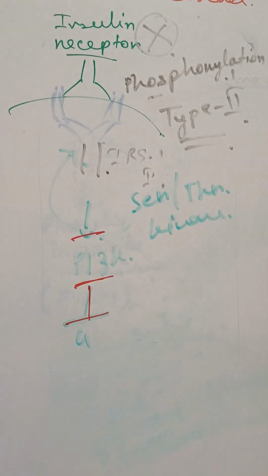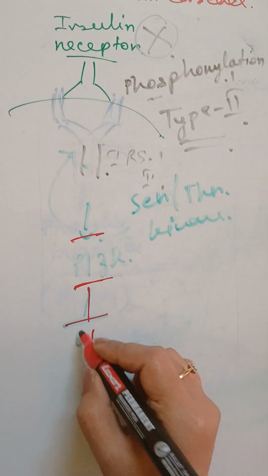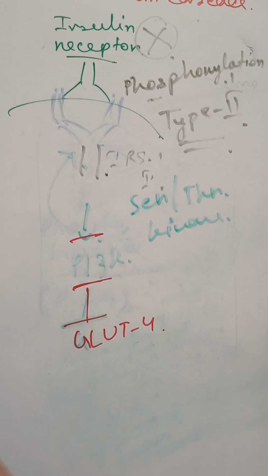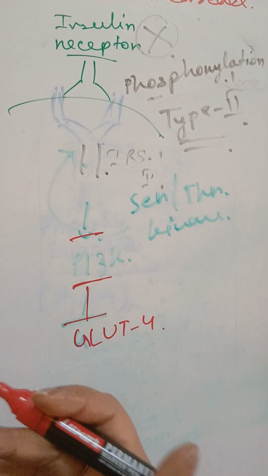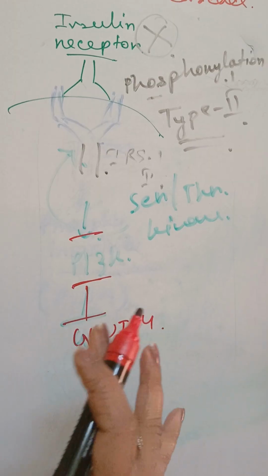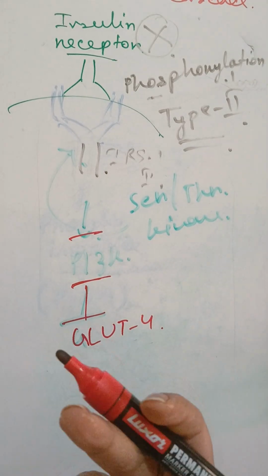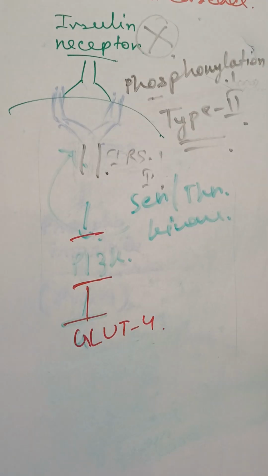If PI3 kinase is not activated, the GLUT4 receptor also cannot be translocated, so blood glucose cannot be internalized into the cells. It will remain in the plasma or the blood, and the blood glucose level increases.